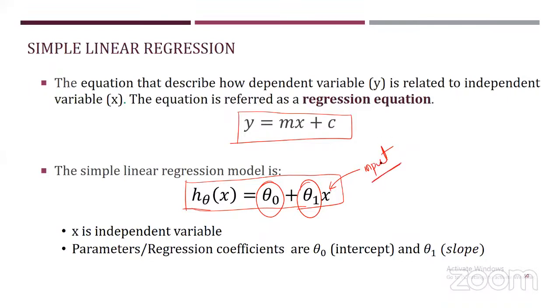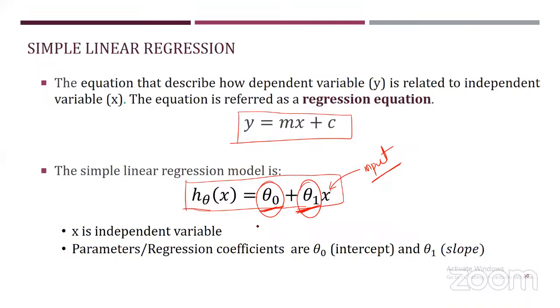This point I have already mentioned. In all learning algorithms, some parameters are associated with the model, and your task is to adjust the value of the parameters based upon the supplied information. So in a simple linear regression, these are the parameters which you need to adjust, and once you are done with the adjustment, I can use the model.